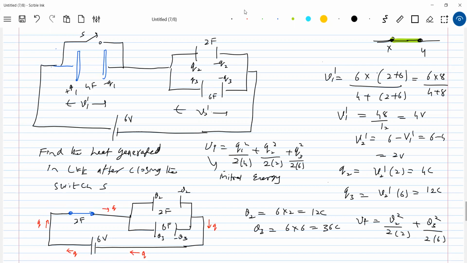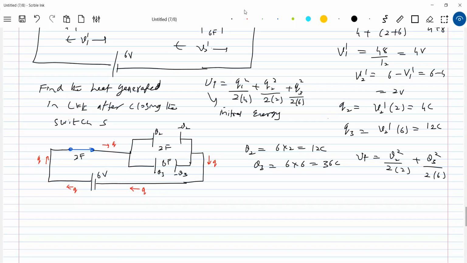Okay, how to trace out Q? So look, Q should be equal to, this one, so minus Q3 for this. Charge left should be equal to minus Q2. I'll write in detail so that you'll not get confused.